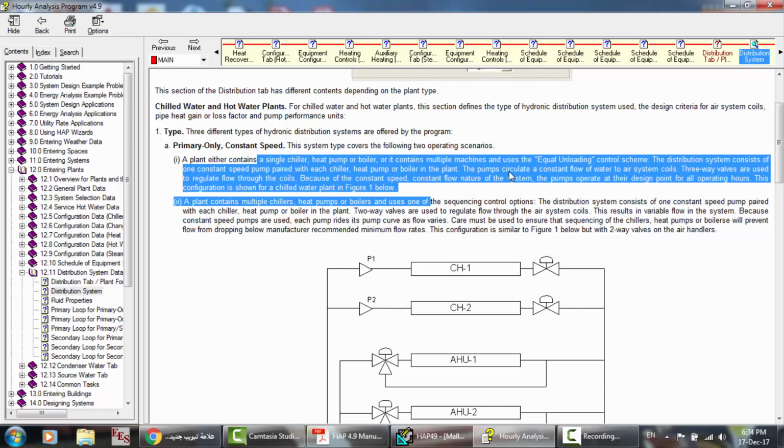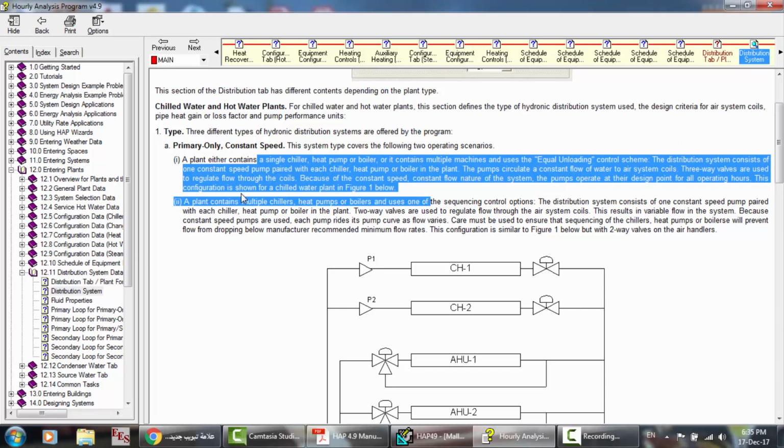The pumps circulate a constant flow of water to air system coils. Three-way valves are used to regulate flow through the coils. Because of the constant speed, constant flow nature of the system, the pumps operate at their design point for all operating hours. So it's very important for you as a designer.